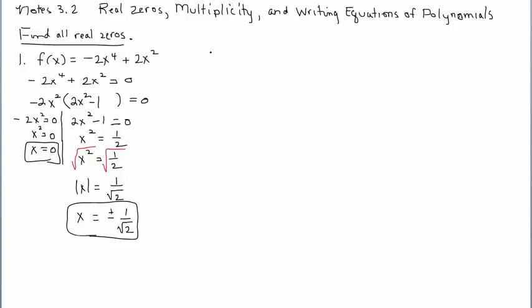Okay, let's look at another example. Let's find the zeros. So I'm going to replace f of x with 0. But again, I like to put the 0 on the right hand side.